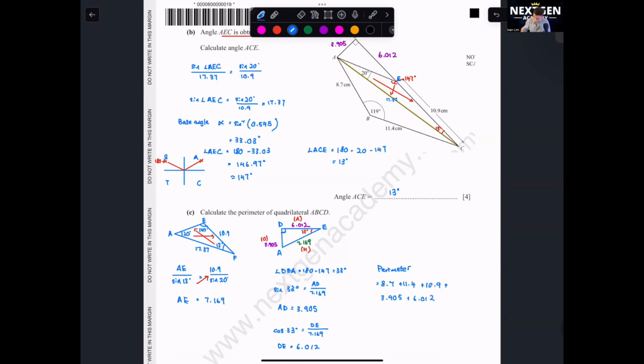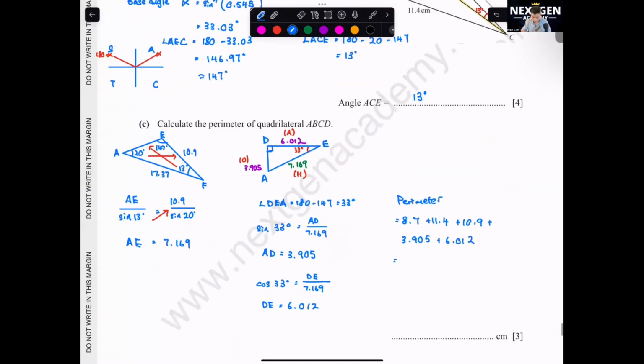You follow your value. Mine might not be the most accurate right now because I rounded up. My final answer will be 40.917. Can round it up to 40.9, which is your three significant figure.